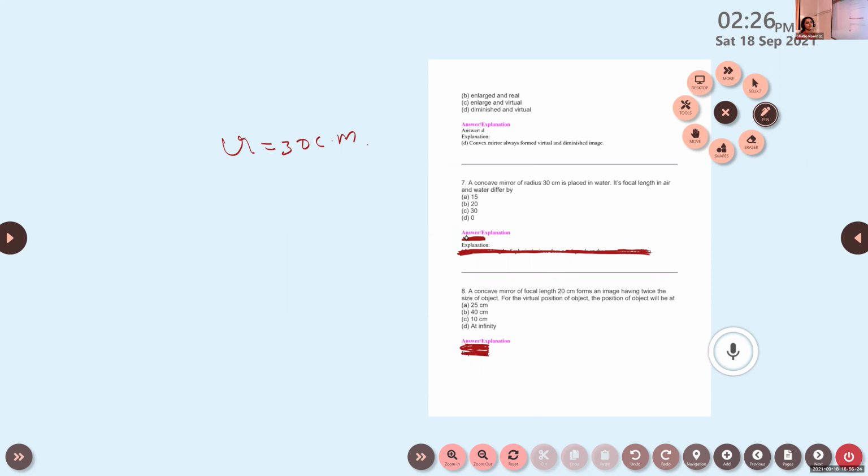A concave mirror of radius 30 centimeter is placed in water. Its focal length in air and water differ by 15, 20, 30, or 0. You don't need to think like that. It's a simple one. Actually, the answer is option D, 0, because the focal length does not depend upon the nature of the material medium.